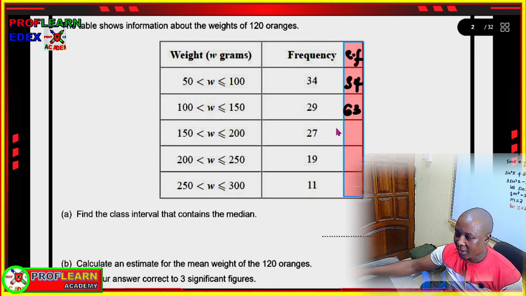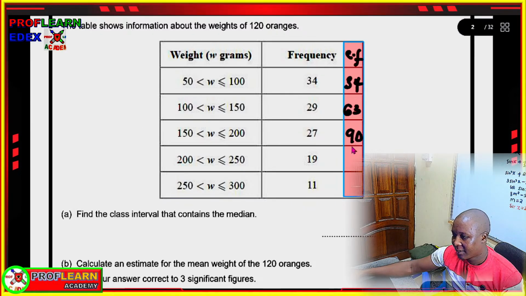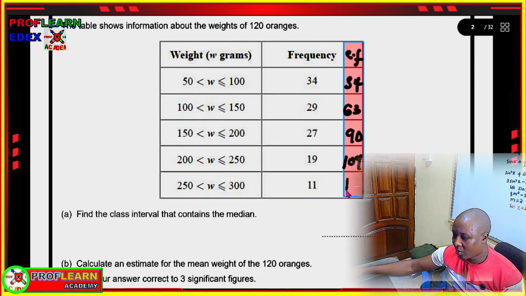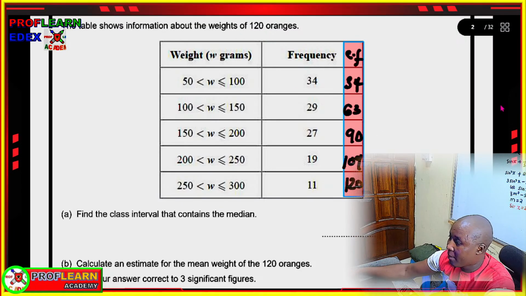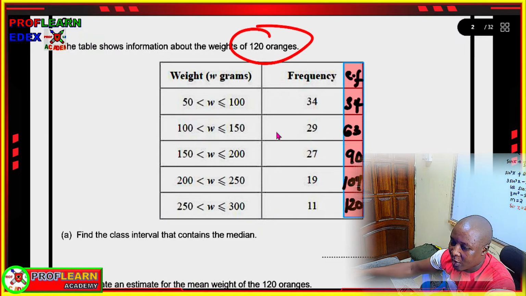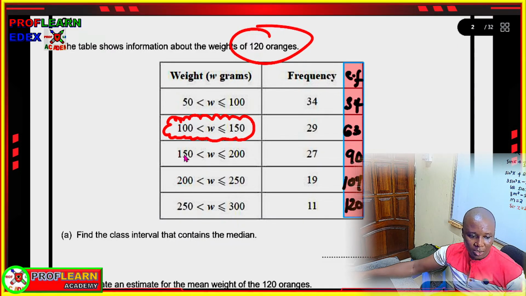Then we have 63 plus 27, which gives us 90. Plus 19 gives us 109. If we add this, we get 120 down here. So the cumulative frequency is that. The median is half of 120, so the class that contains the median is 100 to 150.